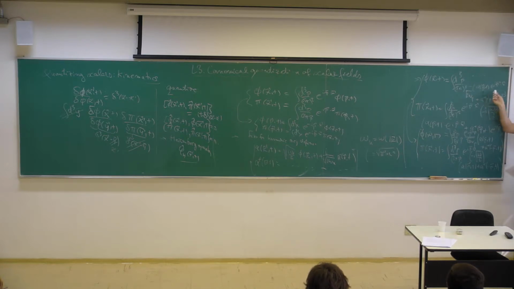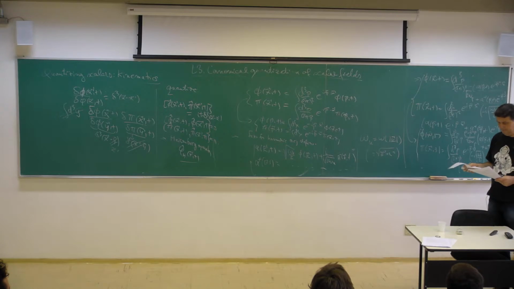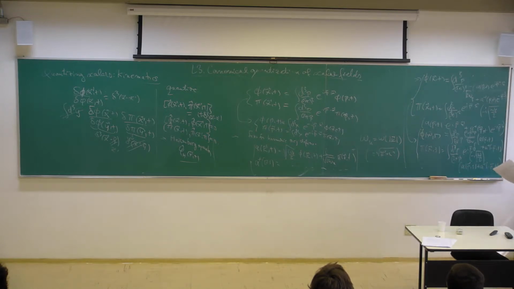These different terms would correspond to creation and annihilation, and then correspondingly we'll have positive and negative energies. So we will separate these two terms according to the energy. But for the moment, this is just a mathematical trick.